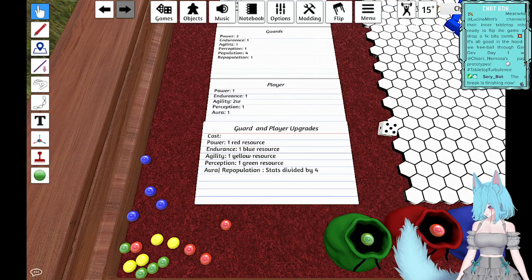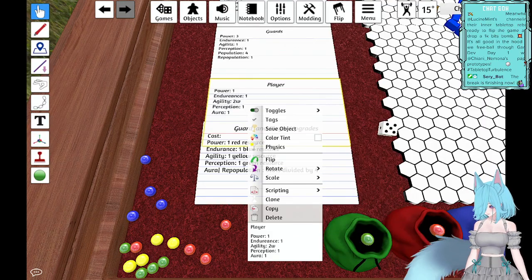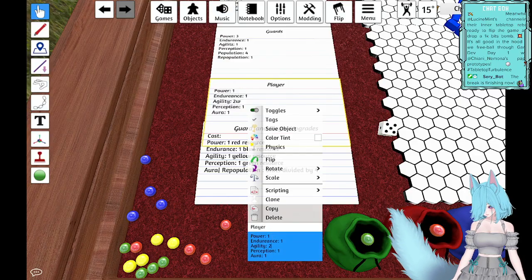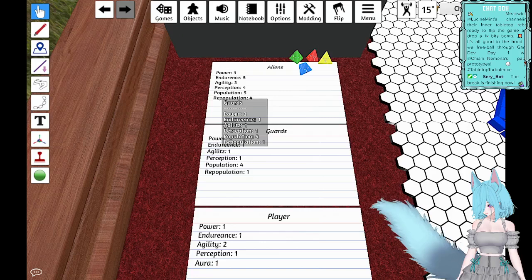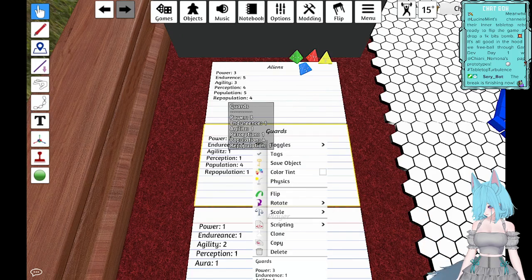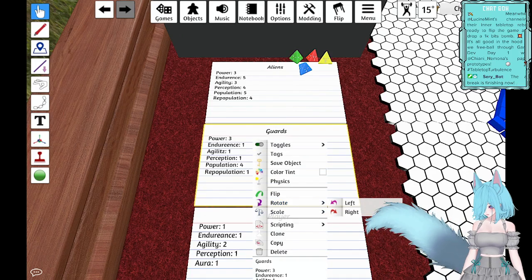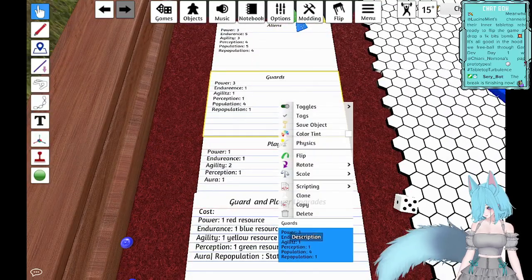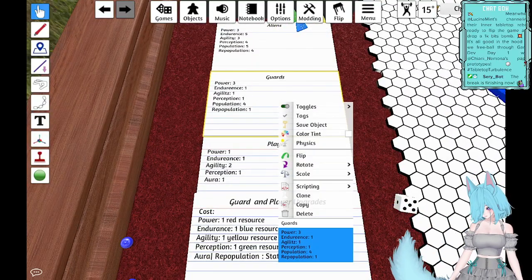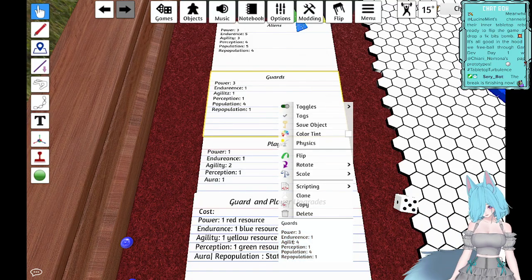And didn't mean to press the W. There we go. And I invest 3 agility into the guards, which gives them 4 agility, which will be enough to kill 1 alien.